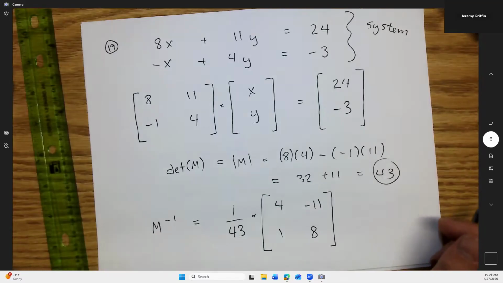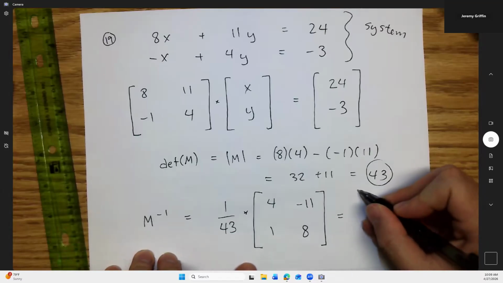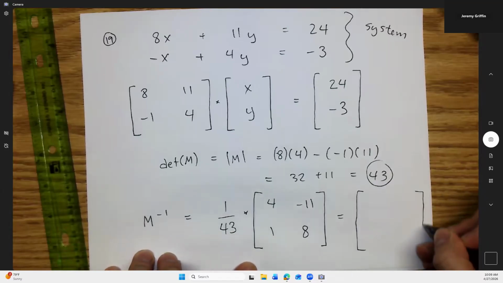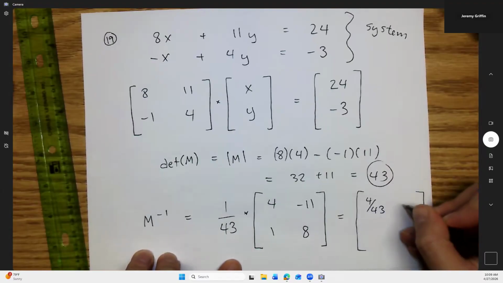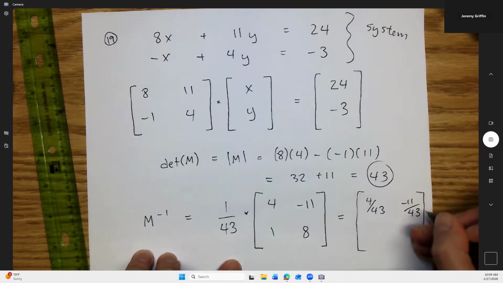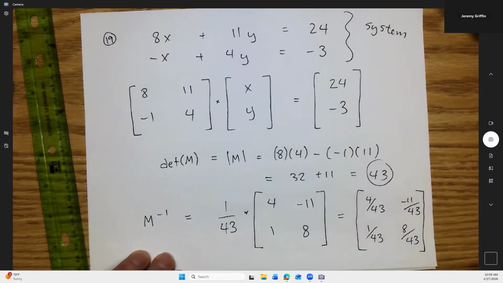You know what, here, I'm going to do one more thing. We go ahead and put that 1 over 43 in there. This is 4 over 43, -11 over 43, 1 over 43, and 8 over 43. I think 43 is prime, so I can't really reduce that.